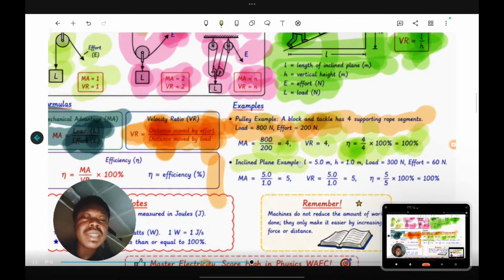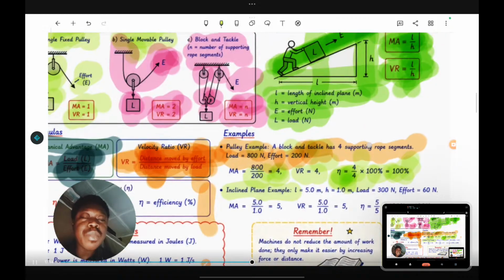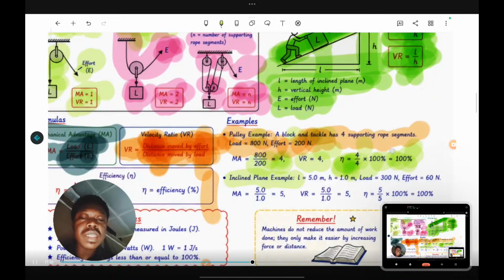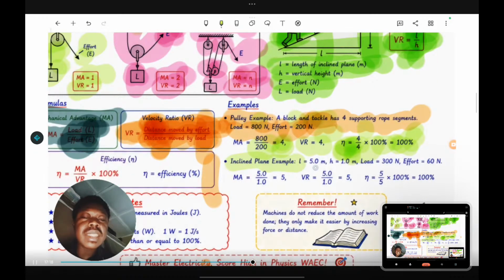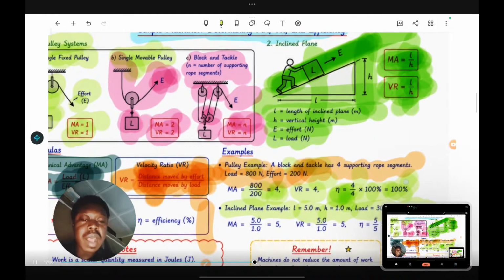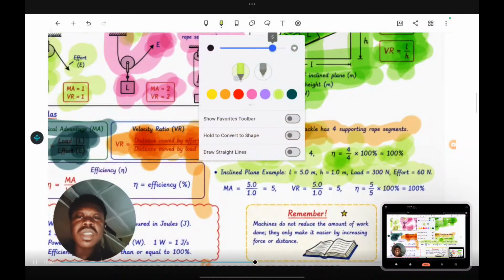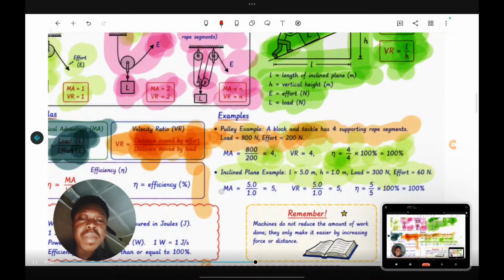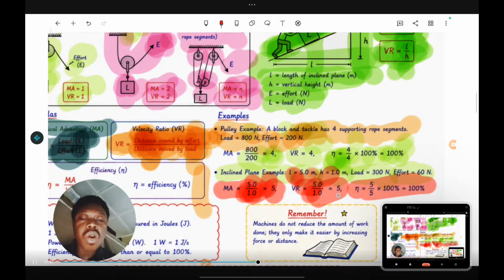So for the inclined plane, for example, if we are solving any problem under this, you will see that the length is 5.0 meters, height is 1.0 meters, the load is 300 Newton, and if you are asked to find the mechanical advantage, this gives you your efficiency.